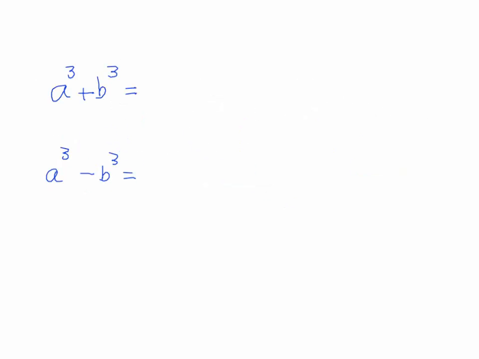So for this problem, you need to know how to factor the difference and sum of cubes. If you have a³ + b³ or a³ − b³, you can open two parentheses like that. In the first parenthesis, we would have a and b for both of them.